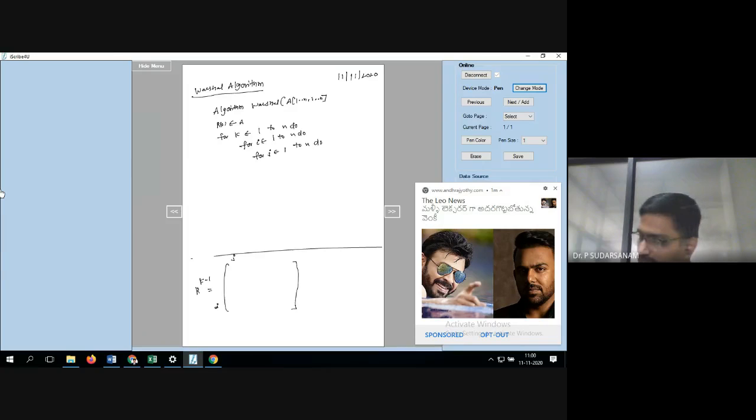This one is nothing but the k. Now, k is called the selected row, and here also you have the k, that is called the selected column. Now you have 1 here and 1 here.